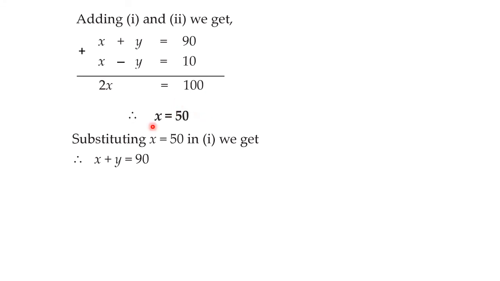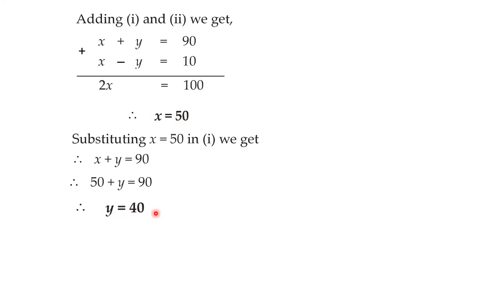So replace x by 50 here. 50 plus y is equal to 90. Now shift this 50 to this side. Okay, so y is equal to 90 minus 50, that is 40. Okay, so x is equal to 50 and y is equal to 40.